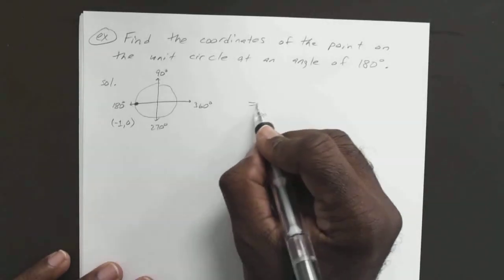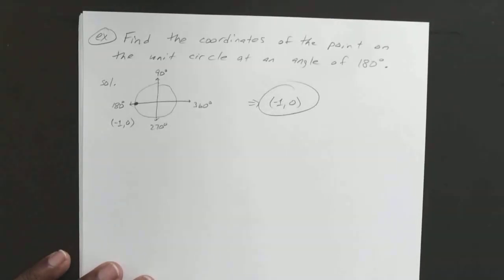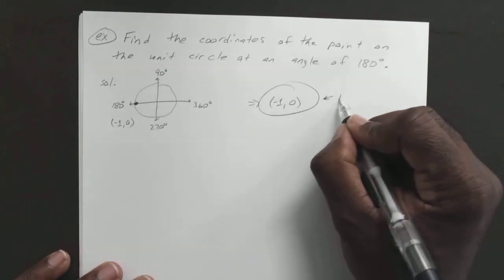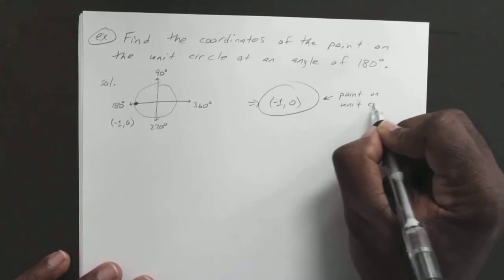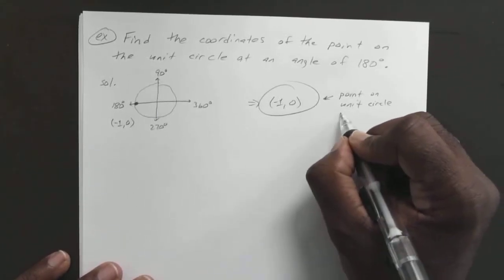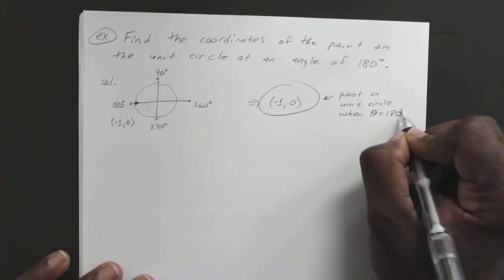Okay, which is basically your answer. So that's the point on the unit circle, and theta equals 180 degrees.